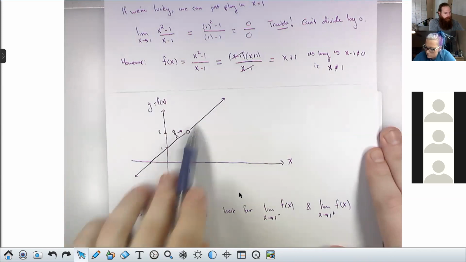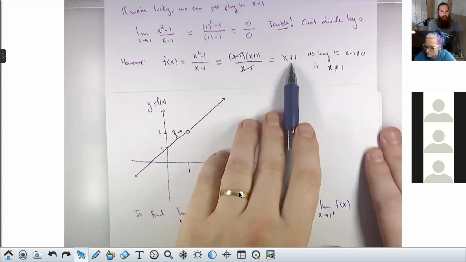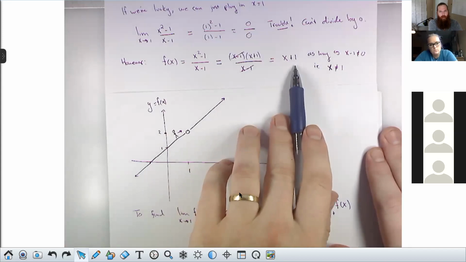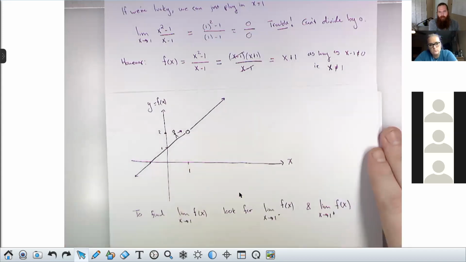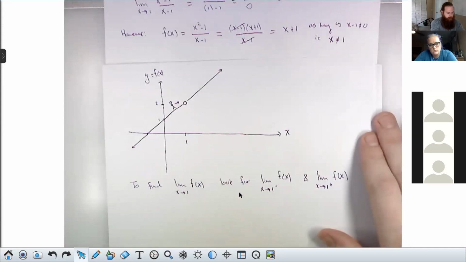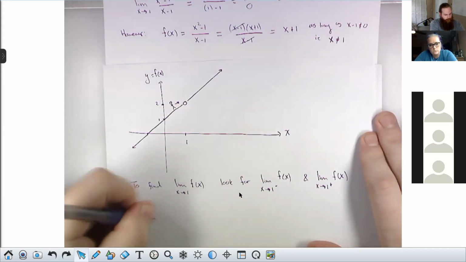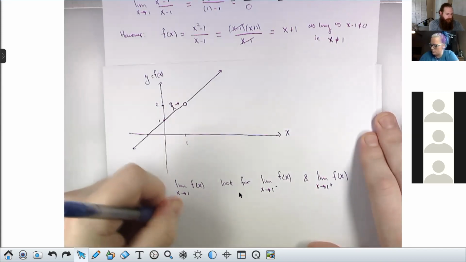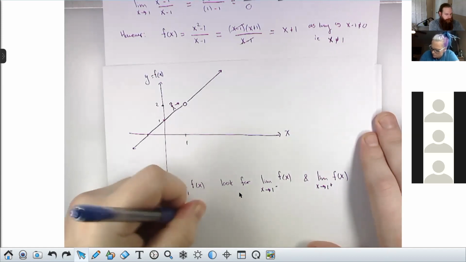We know that the y value of that hole is 2 because this function is x plus 1 everywhere except at 1. And the y value of x plus 1 when you plug in x equals 1 is 2. So the limit as x approaches 1 from the left of f of x appears to be 2.